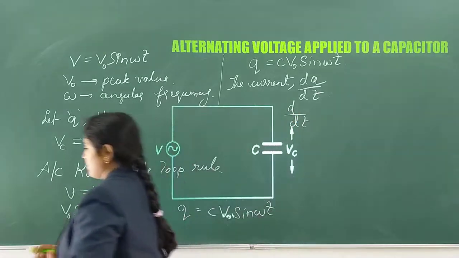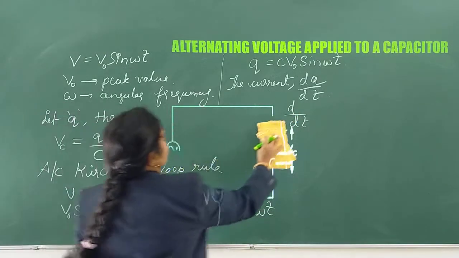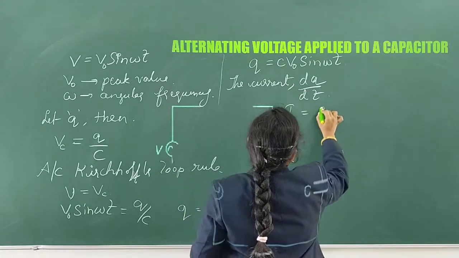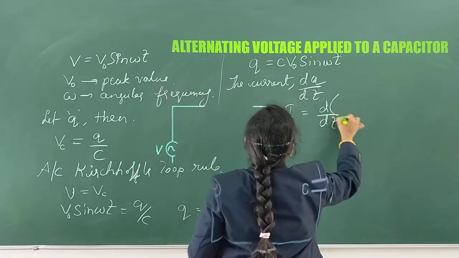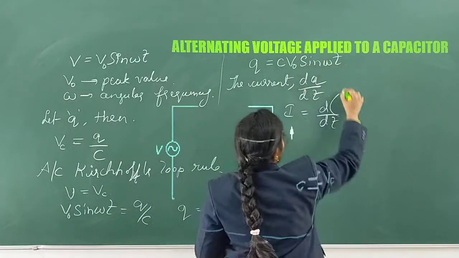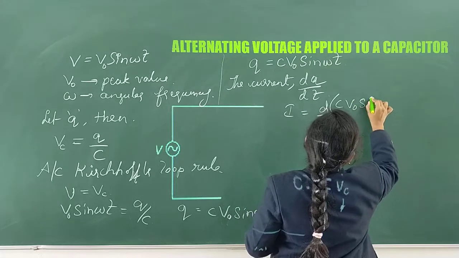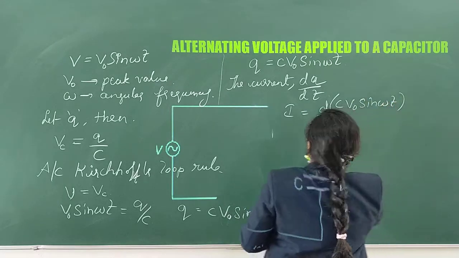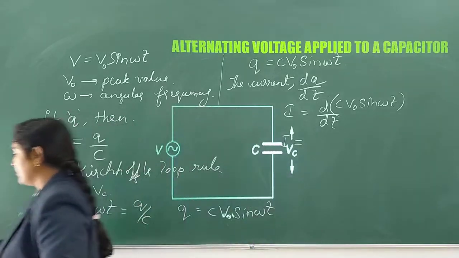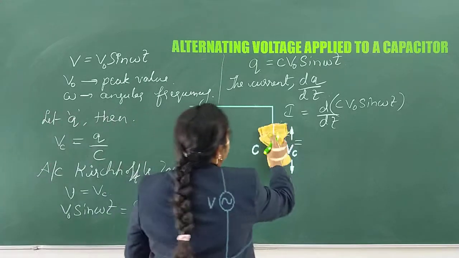So I equals d by dt of, what is the equation of Q? The equation of Q is C V naught sin omega t. So I equals C V naught, let's take it outside.